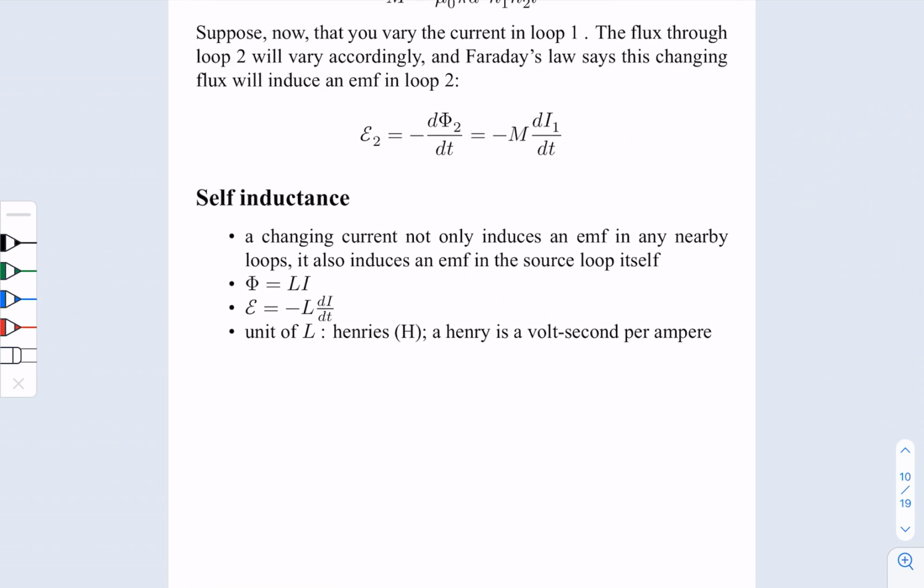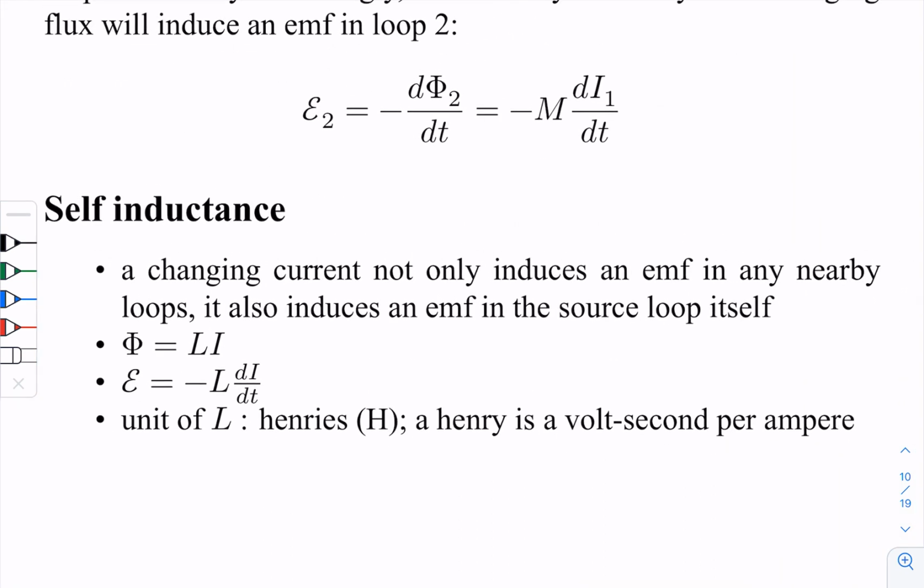So this inductance doesn't always need to happen between two loops. Instead, we can even have an induced magnetic field on the circle itself. So imagine that I have a circle of current running in a closed loop wire. This circle of current already produced some magnetic field, and this magnetic field already has a flux into the loop itself.